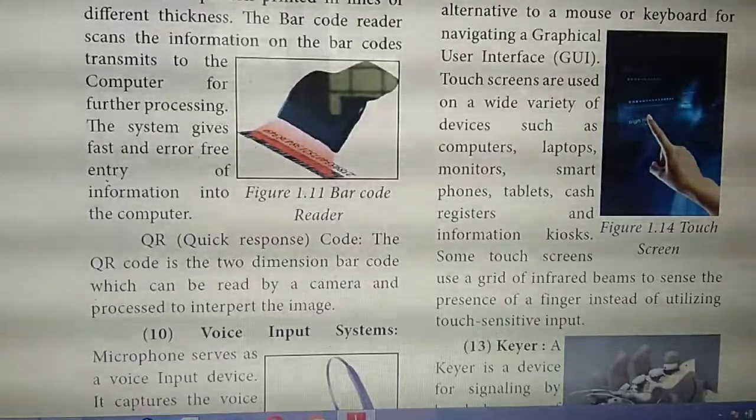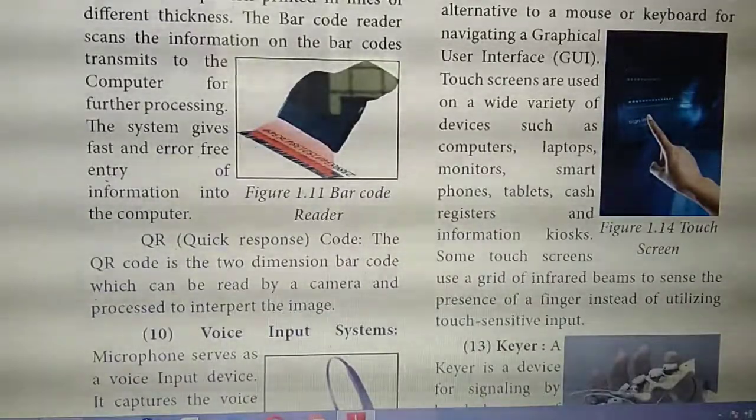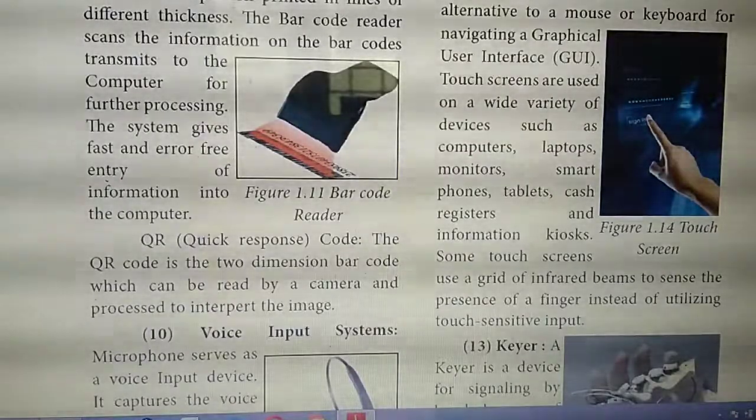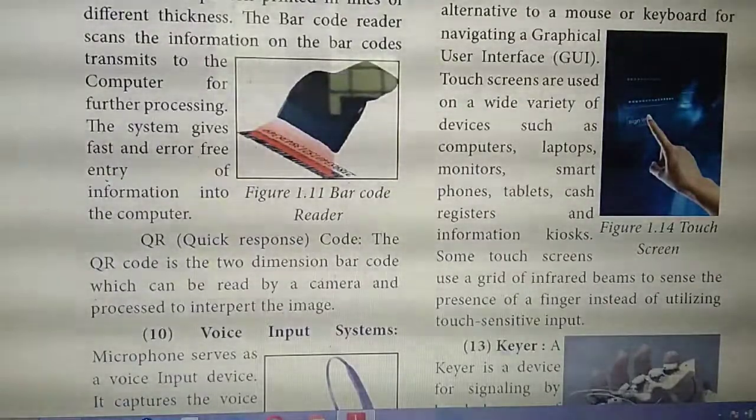The remaining 40% they will ask from the book inside. So first study the book back thoroughly, then study the book inside, all the headings.